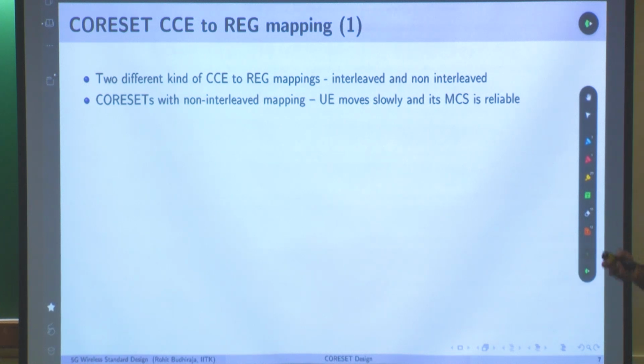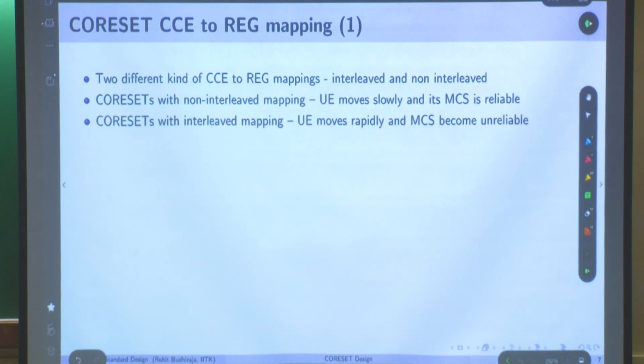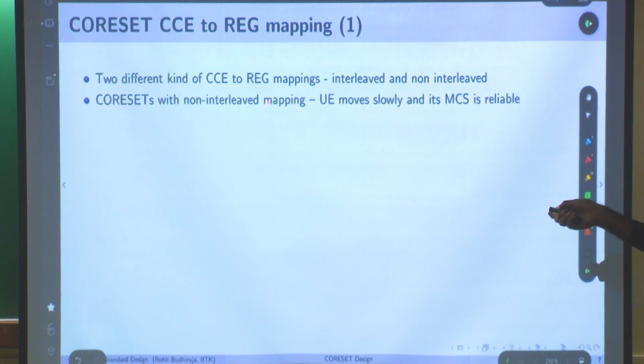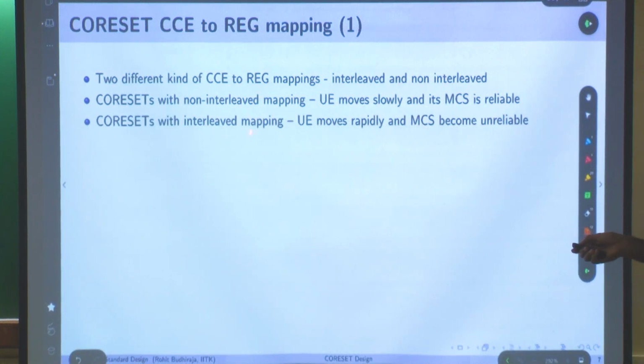So, your MCS is typically not reliable, because you report it and you have already moved on to a new place where the signal strength has changed. Interleaved mapping is used when the UE moves rapidly and MCS becomes unreliable.